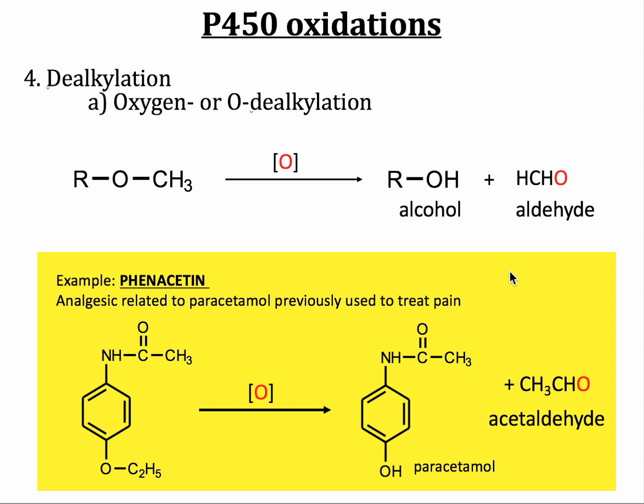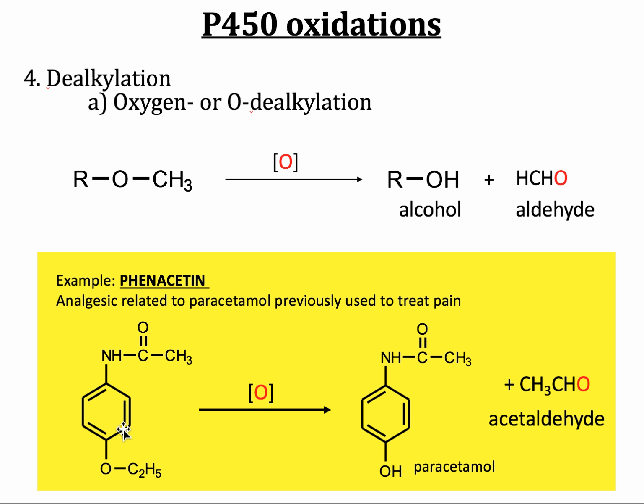Phenacetin is the old version of paracetamol. Once it's administered as phenacetin, it gets dealkylated into paracetamol. So first, there's an O dealkylation reaction, so you look for the ether. Simply come down, there's the R bit.